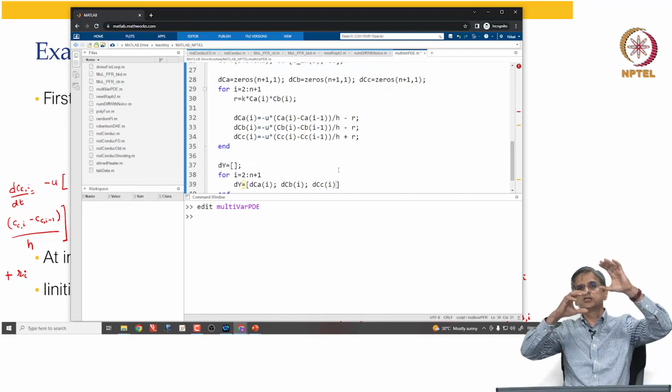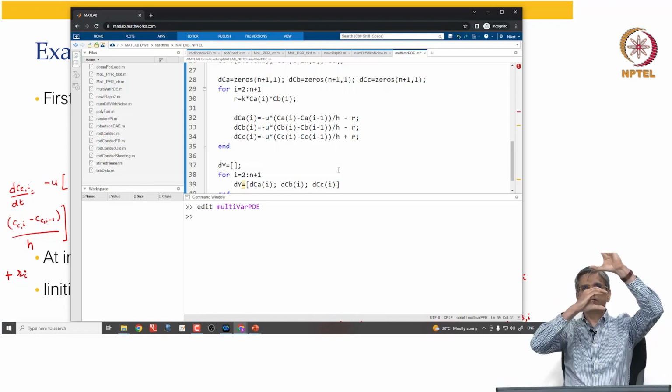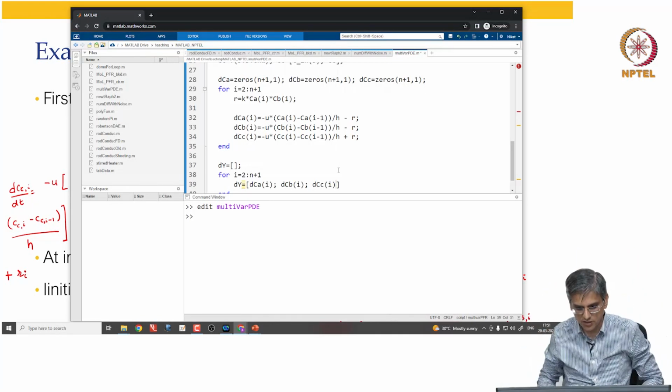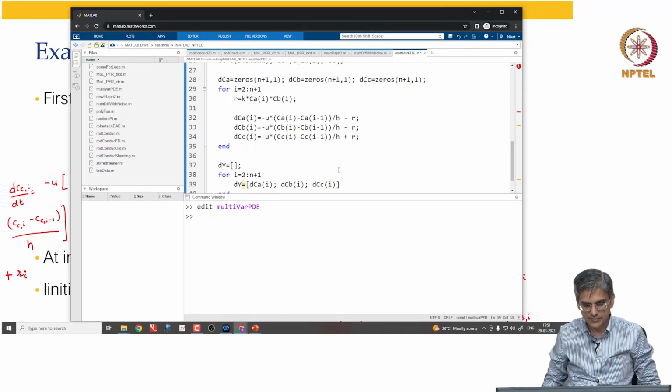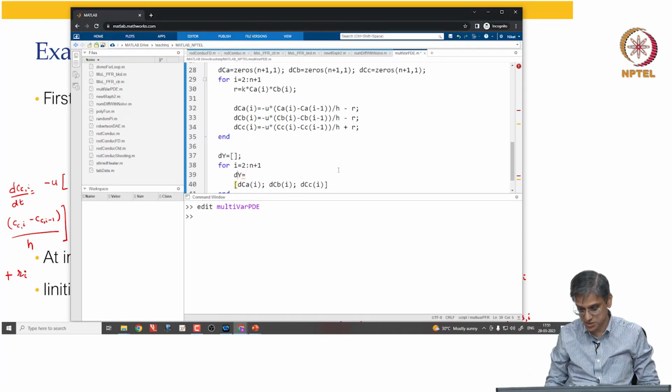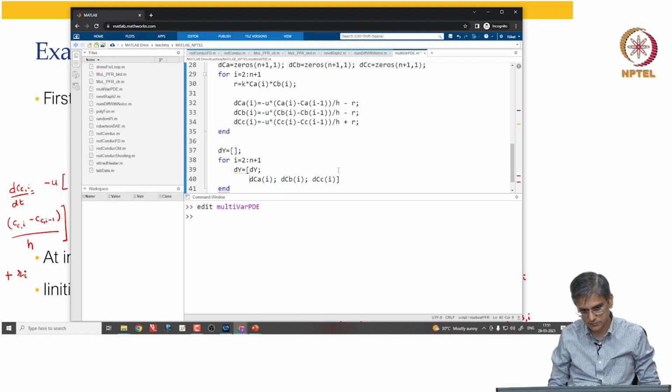So this is CAI, CBI, CCI that will be stacked below the original value of dy.